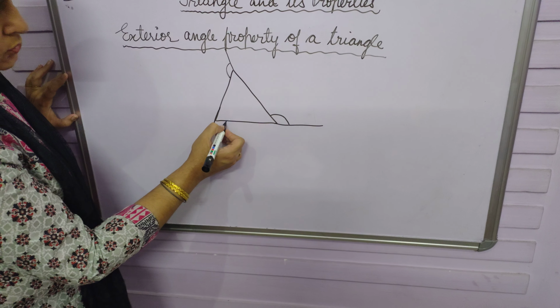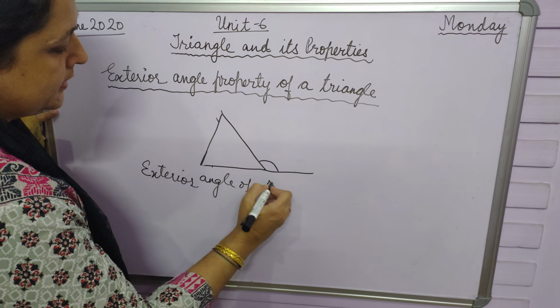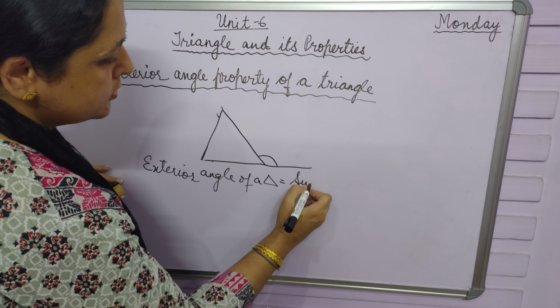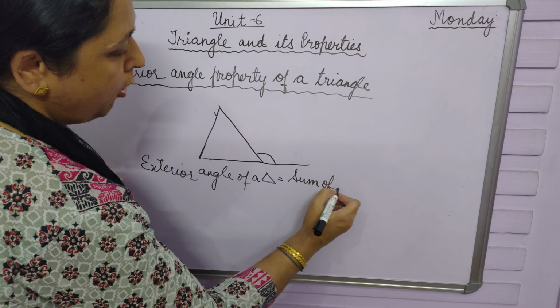So we are going to study about the exterior angle property of a triangle, and this property says that the exterior angle of a triangle is equal to sum of its interior opposite angles.